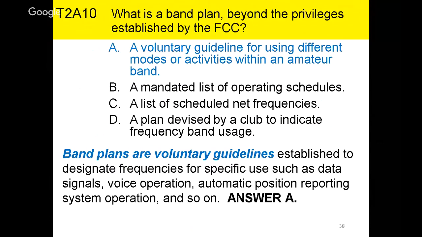Some portions of these bands are, it's kind of a gentleman's agreement that you use this portion for transmitting slow scan TV, this portion for doing digital communications, and different portions for different activities. So they're voluntary guidelines, and they're established by a volunteer coordinator, which is selected by the ham radio community at large.